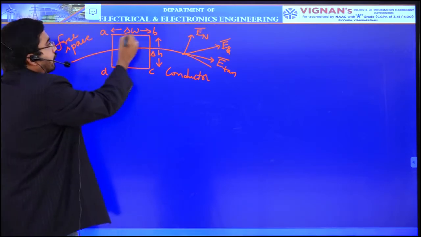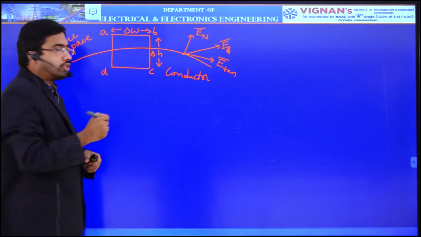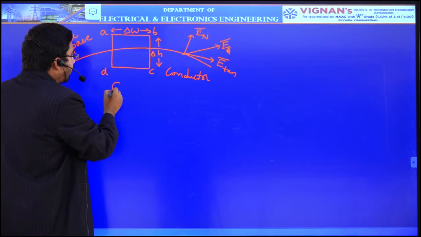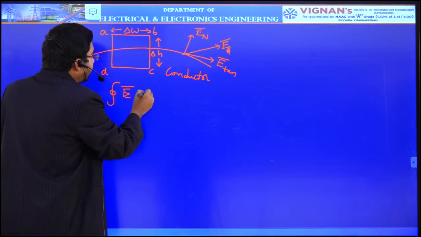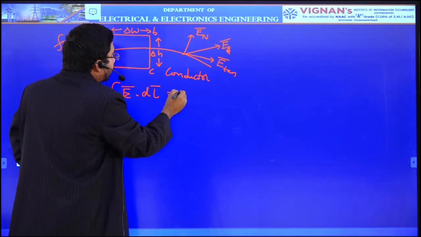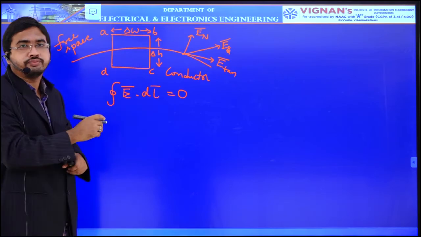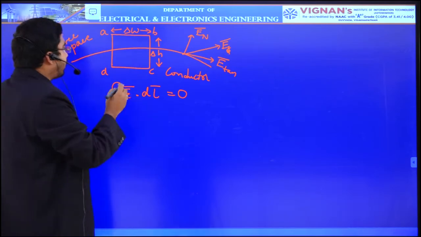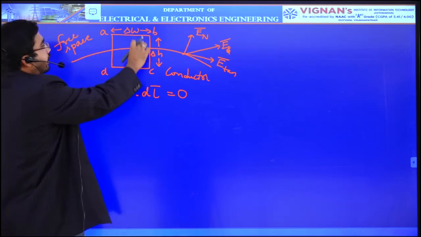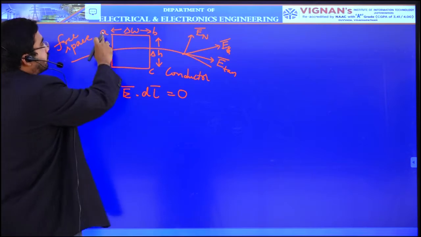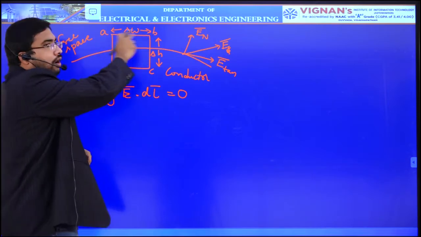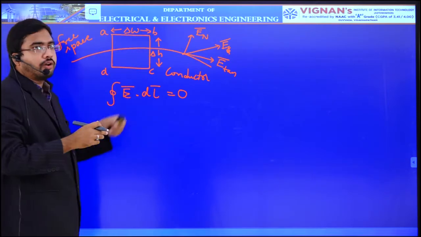For a closed path, already in the first unit we have discussed that the integral of E bar dot dl bar, which is the potential for a closed path, is equal to 0. We have already derived this. Now how can we split this closed path? In the clockwise direction you can split this into 4 parts.